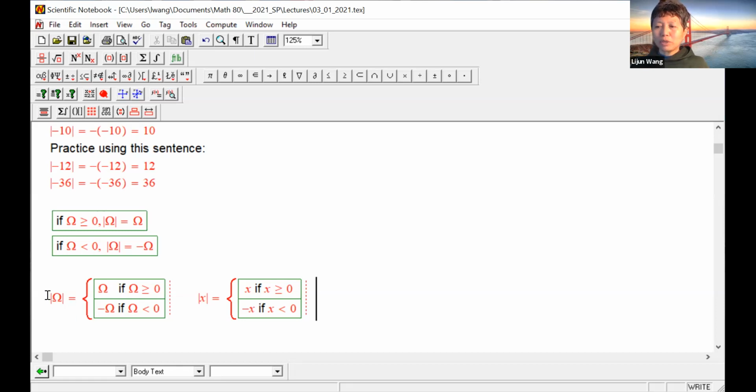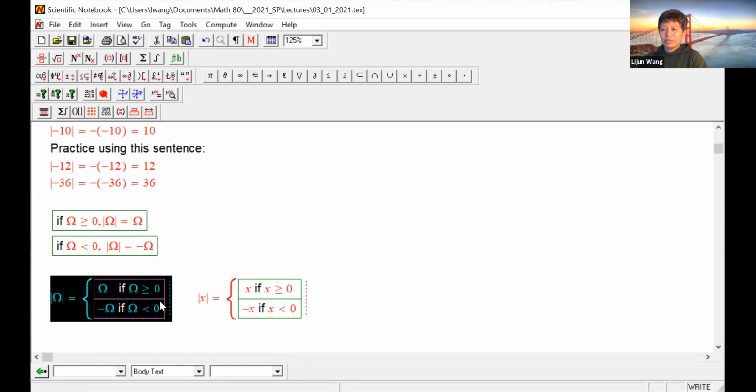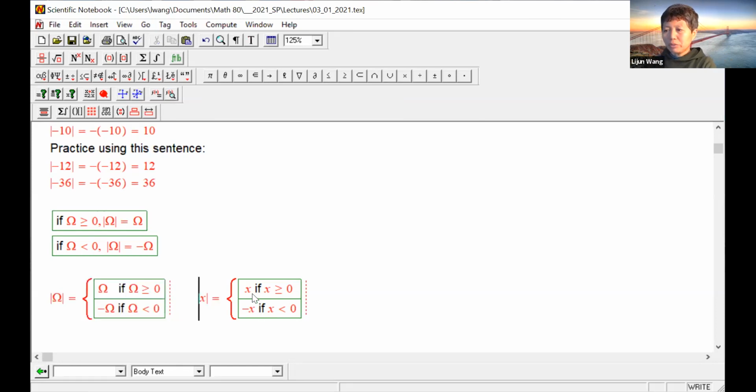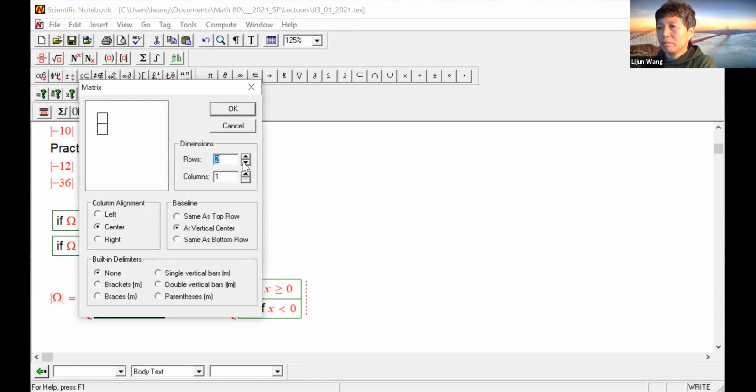So now how do we read this? Well, this is how we read it. I'm going to add one more column.